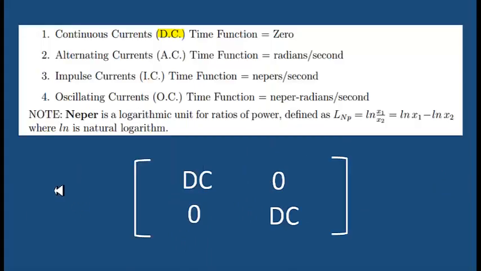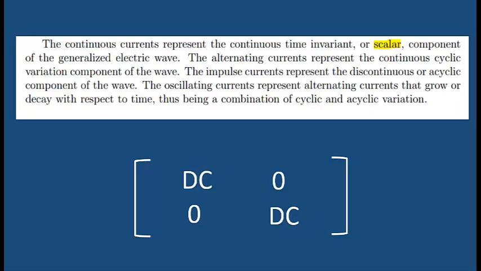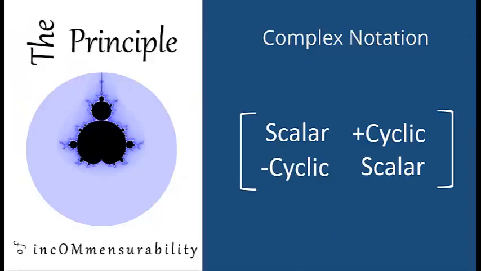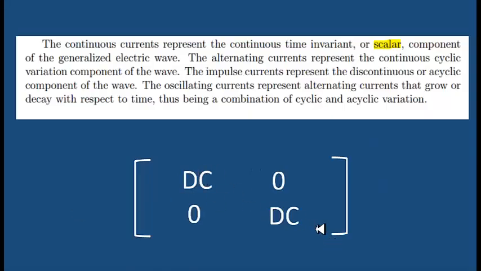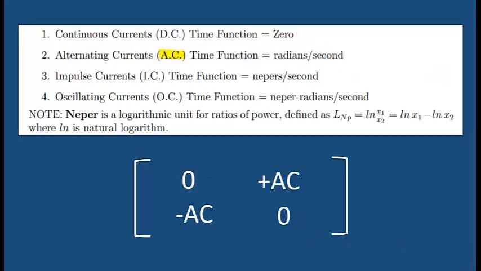Obviously the DC current would go on the forward diagonal, because continuous DC currents represent the continuous, time-invariant or scalar component of the generalized electric wave. So since the scalar is on the forward diagonal, I would put DC on the forward diagonal.